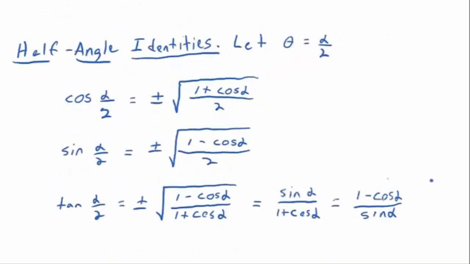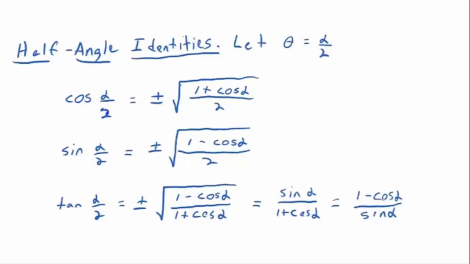If you let theta equal alpha over 2, and then you take the square root of both sides of that identity above, you get exactly the cosine of alpha over 2 equals plus or minus. It depends on which quadrant alpha over 2 is in as to whether or not it's plus. For instance, in the first and fourth quadrant, you'd get the positive root. If alpha over 2 is in the other quadrants, you'd get the negative root.